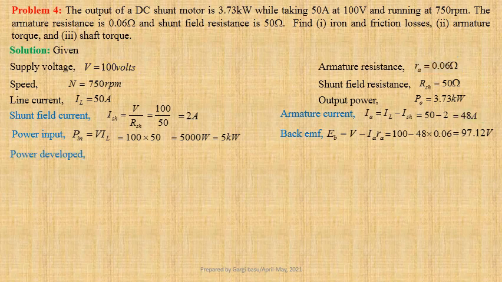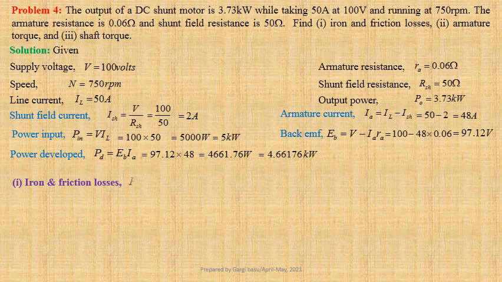Power developed PD equals EB into IA, that is equal to 97.12 into 48, that gives us 4661.76 watts or 4.66176 kilowatt.